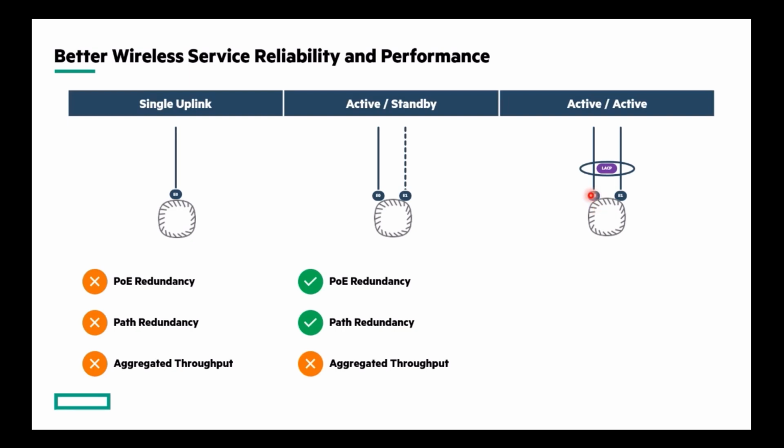Regardless of whether both the ports are up or either one of them is active, only the Ethernet 0 source MAC will be used for the traffic. So with this dual port AP with LACP detect, we could achieve POE redundancy, path redundancy, and aggregated throughput. With that, it becomes a highly required feature for a dual port AP environment.